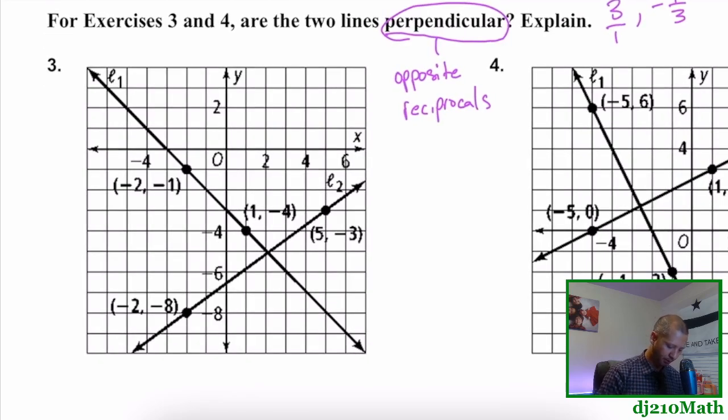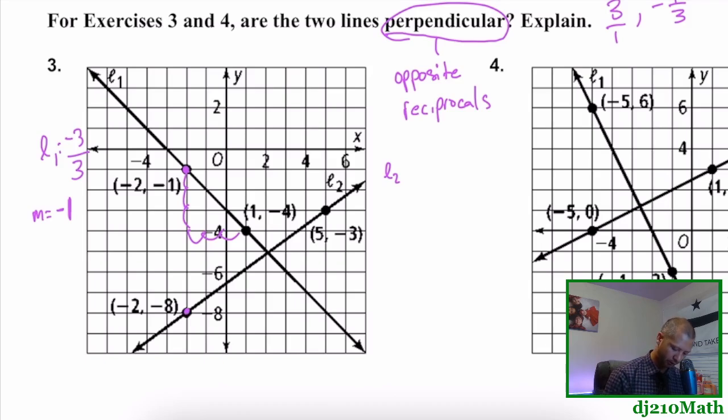Okay, number 3. So let's do L1. The slope of L1 is going to be down 1, 2, 3, so -3, and then to the right, 1, 2, 3. So -3 over 3. That's the slope of L1, which is basically -1, right? Slope is usually m, and we reduce it to -1. All right, L2, we can go up.